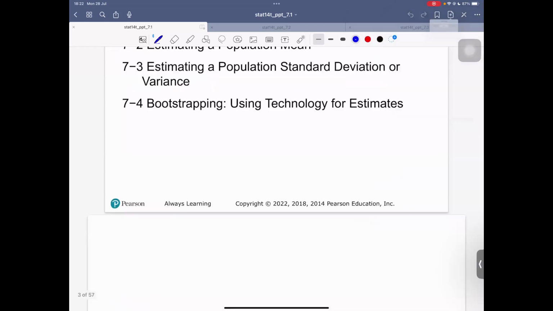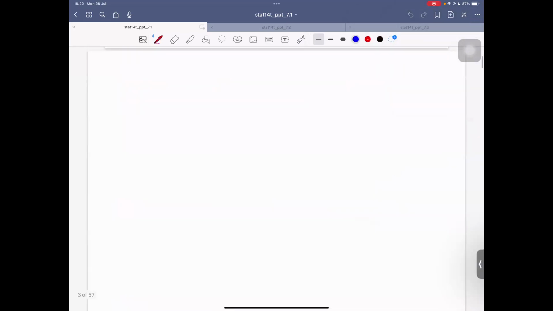So firstly, let me go ahead and give you an example for estimating a population proportion. So let's do this example together. If you want to estimate what percentage of all college students drink coffee daily, since it's not feasible to ask every student, you collect a sample, right?